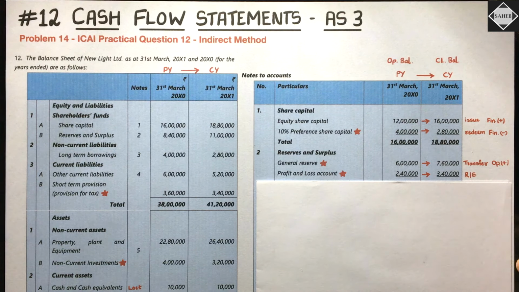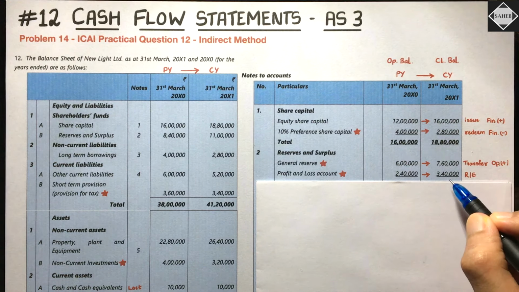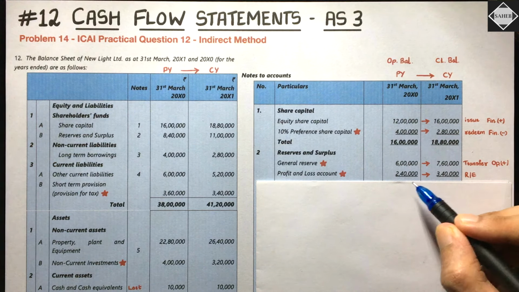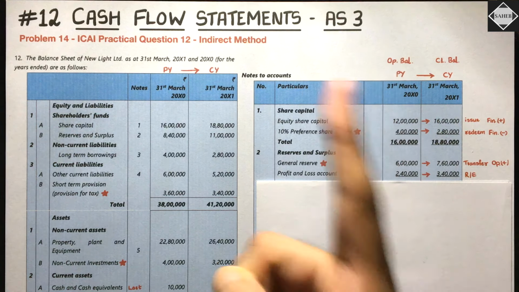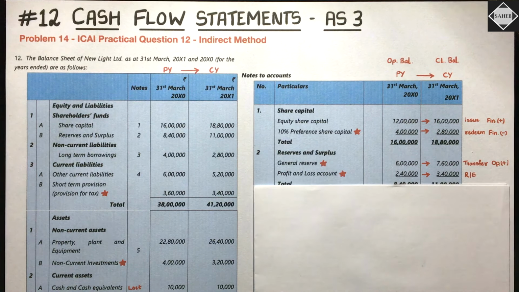That's what we do. So how much is our retained profit? You will see it's really simple. We do closing minus opening. 3,40,000 minus 2,40,000 is equal to 1 lakh. But actually it's not 1 lakh, okay? Because there is an inventory valuation adjustment, so it will impact here. So we'll see that later. Fine. Okay, leave that for now.